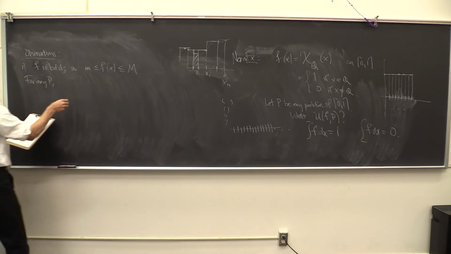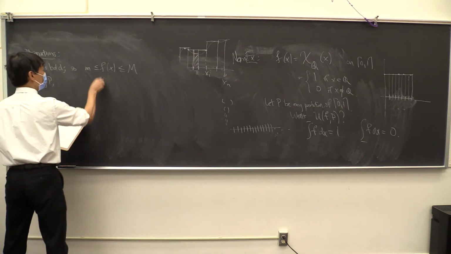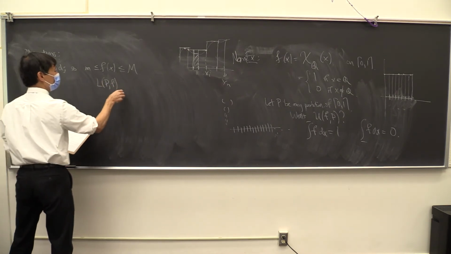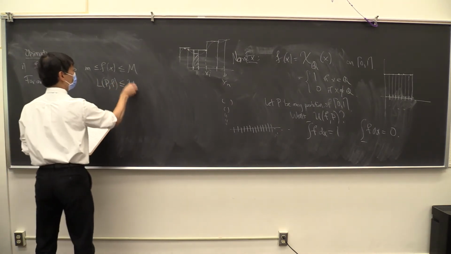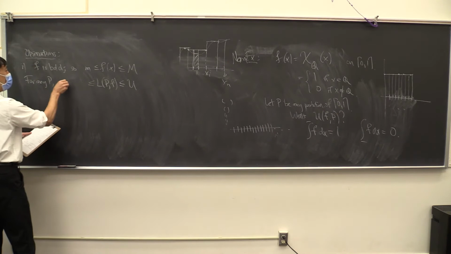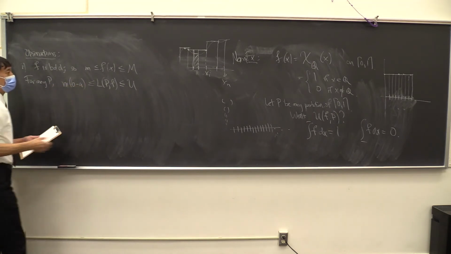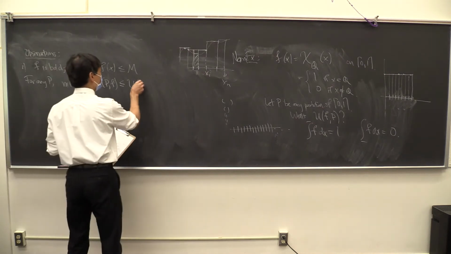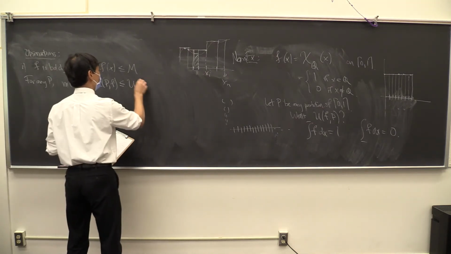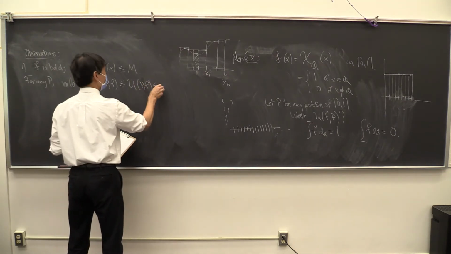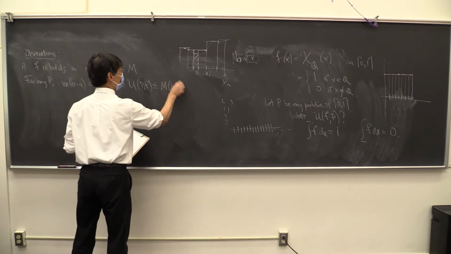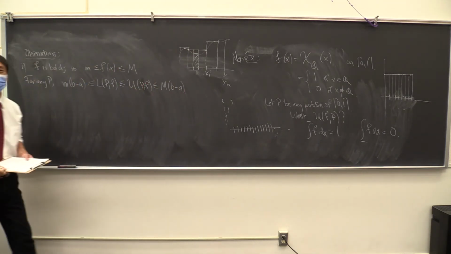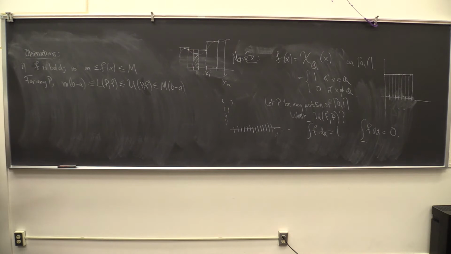For any partition, the lower sum is bigger than m times (b minus a), right? Little m times the width, right? And the upper sum is less than capital M times the width. Okay, that is obvious.